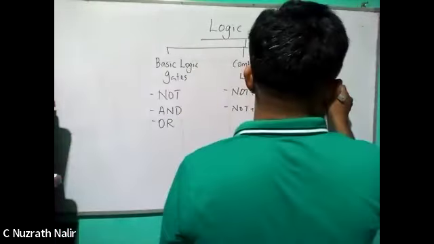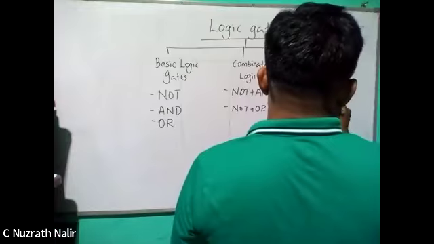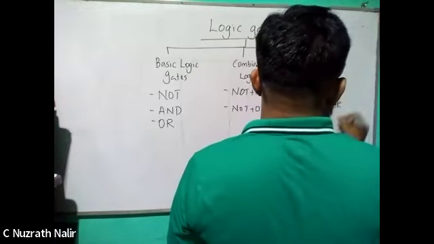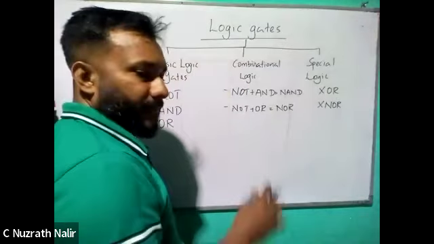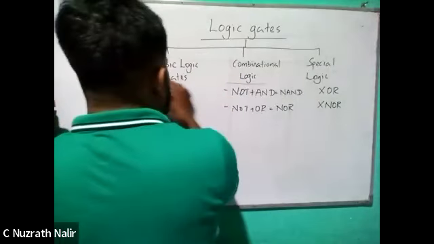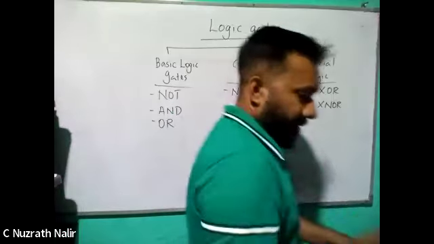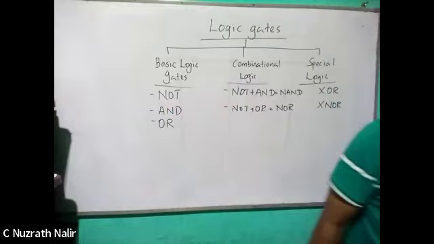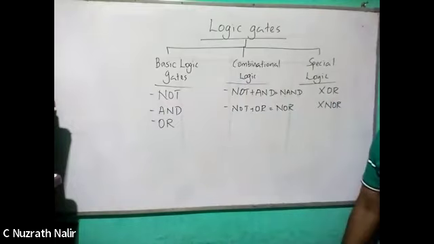But here the special XOR gate and the XNOR gate, it's not in the O-level syllabus, it's in the A-level syllabus. So, okay, my dear students, these are the three items. You can simply divide it.